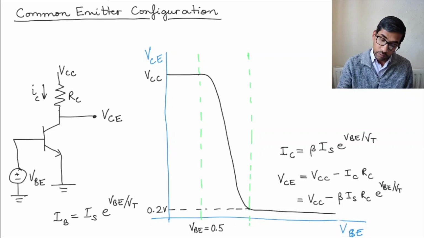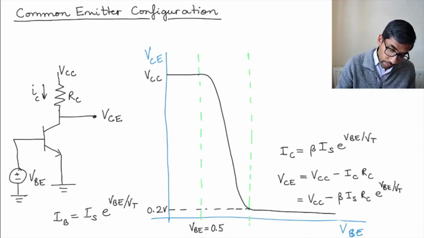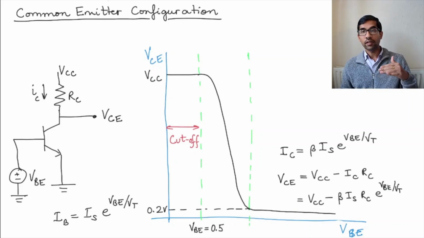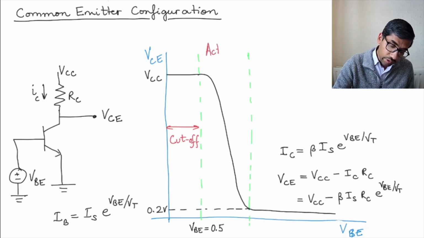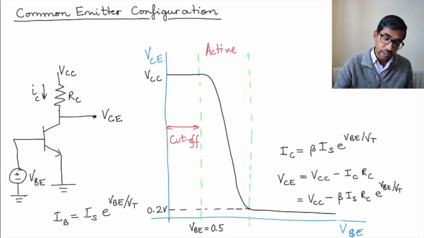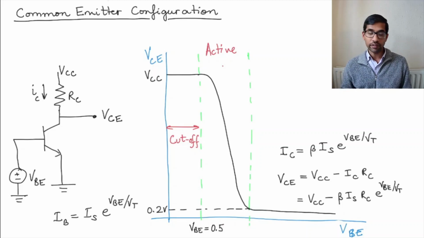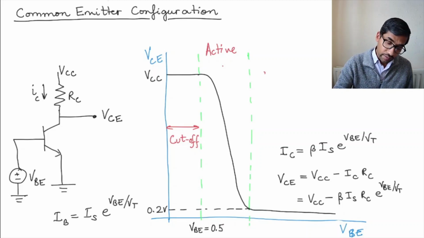Okay, so what we have is, this is our cutoff region, and in the cutoff your VCE remains equal to VCC. Then you have the active region in which the voltage reduces in a non-linear fashion, and then you have the saturation region where VCE becomes constant again and is equal to 0.2.